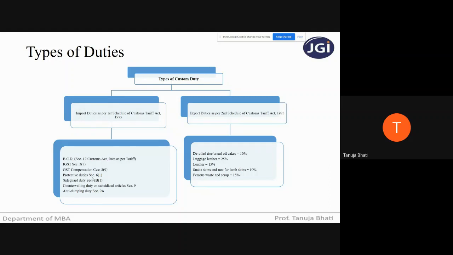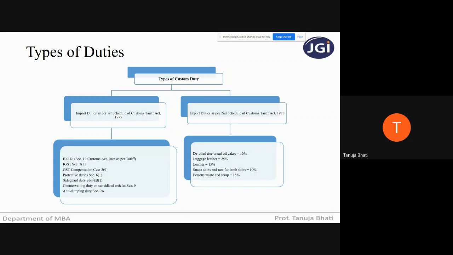And such importation may or may not be directly from the country of manufacture or production. Suppose goods are actually manufactured in China, but the same goods are imported from USA, that is not relevant. Even if they are imported from a country other than where they were manufactured, countervailing duty on subsidized articles is still levied.